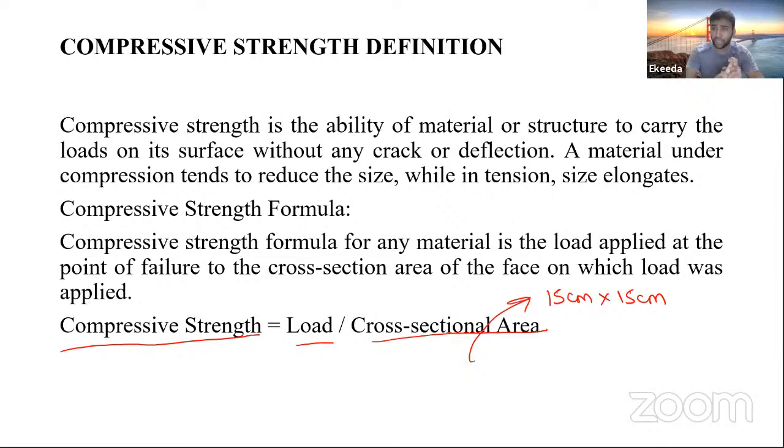If both tests pass, then they take that proportion of cement, sand and coarse aggregate and prepare the larger amount of concrete. But if it fails, then they have to change the proportion and again do the mix design of that concrete.